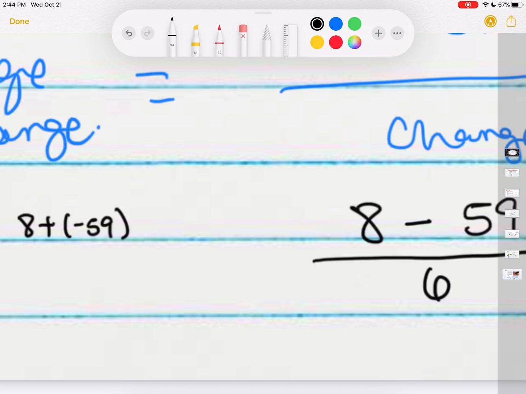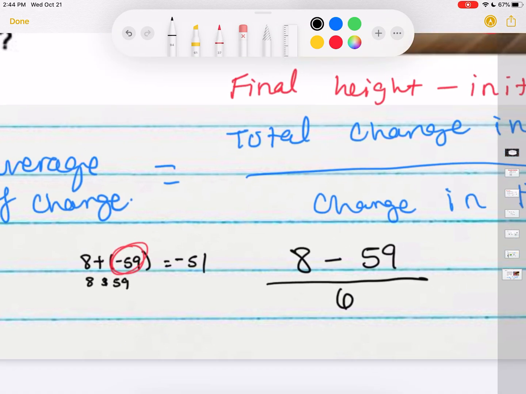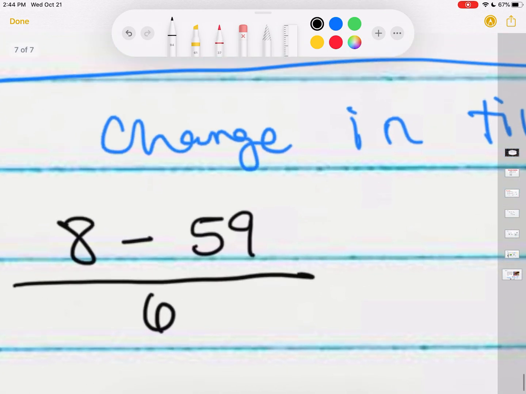So I'm going to find the difference between 8 and 59, which is 51. And then I'm going to use the sign from the higher number. Well, the higher number is right here. Like, that's the bigger one if it was positive. So I'm going to use that negative and get negative 51. So 8 minus 59 is equal to negative 51, and then dividing by 6.